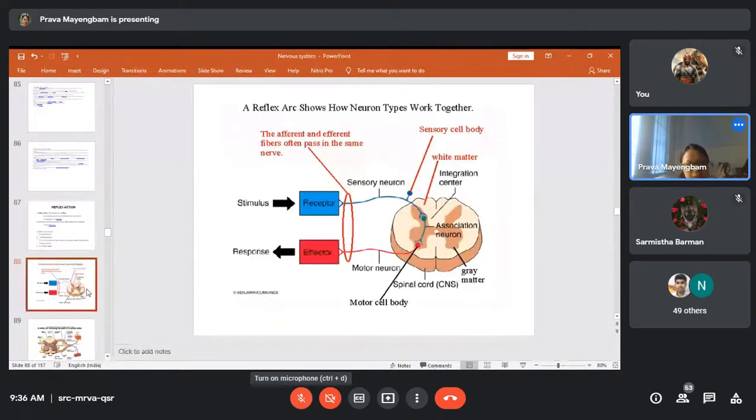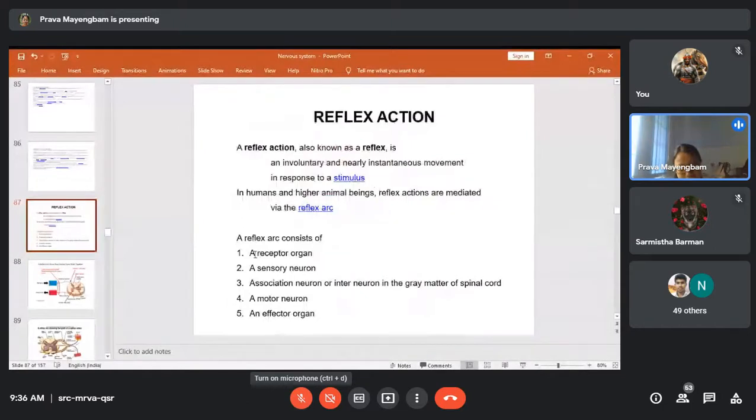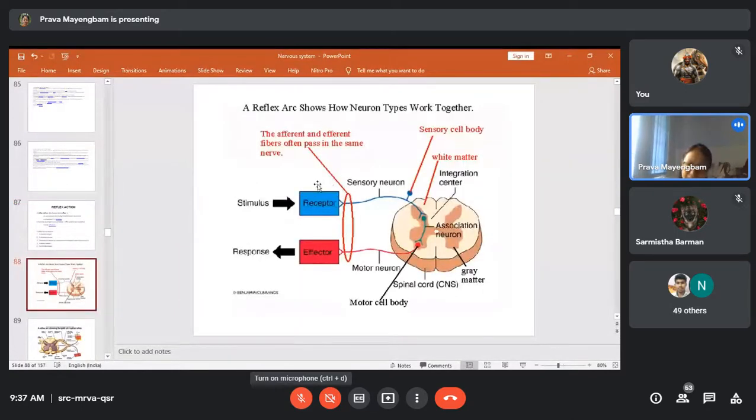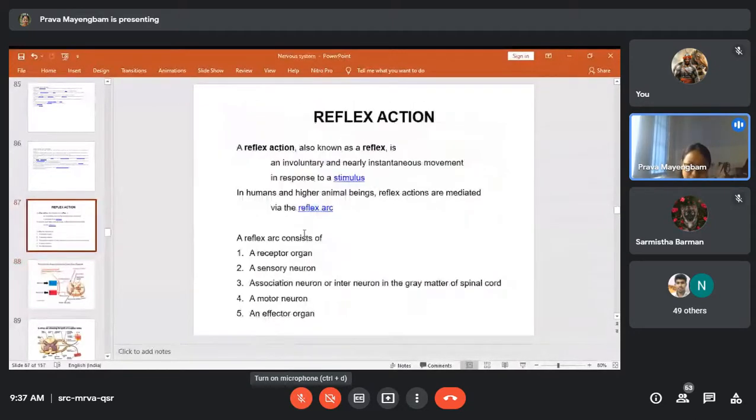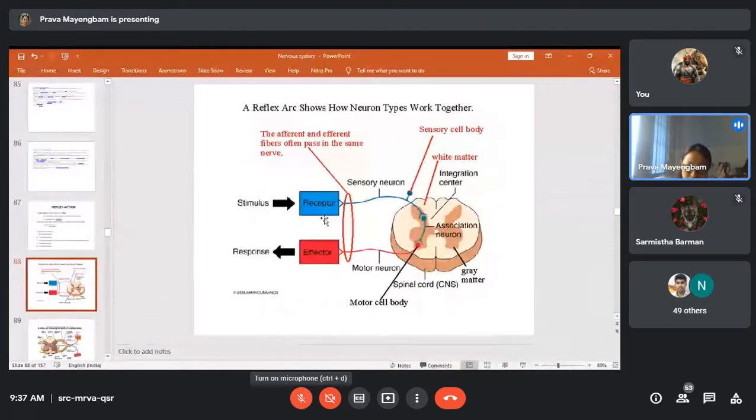That means it consists of a receptor organ, a sensory neuron, an association neuron, a motor neuron, and an effector organ. The receptor organ is the organ having the receptor, which is going to get the stimulus.